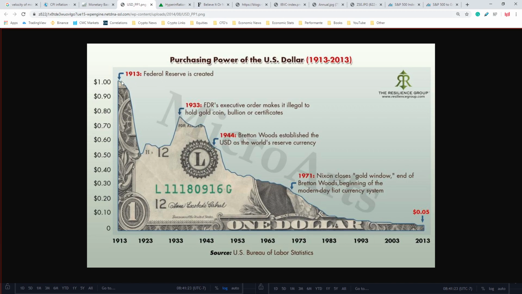And we can see at 1913, it was $1 when we got off the Bretton Woods. Nixon closes gold window, end of Bretton Woods, beginning of the modern day fiat currency system. This is when they completely took the US dollar off of the gold standard, meaning that you cannot redeem any gold for your US dollars. It is a completely confidence built system where they could print as much as they want.